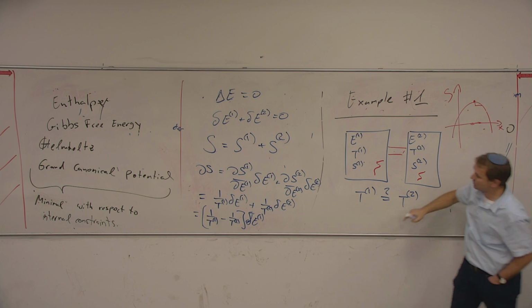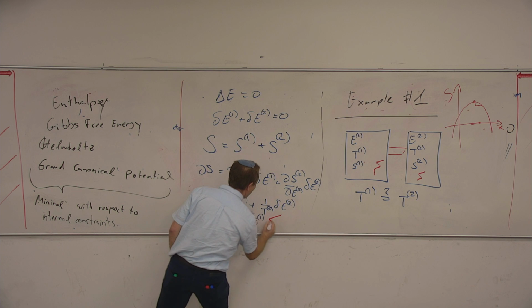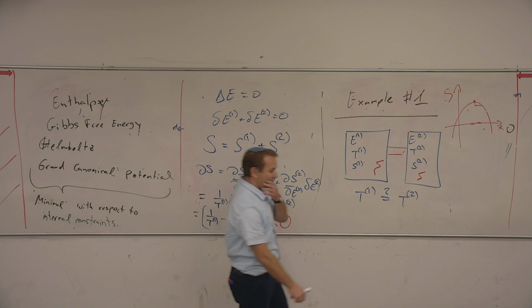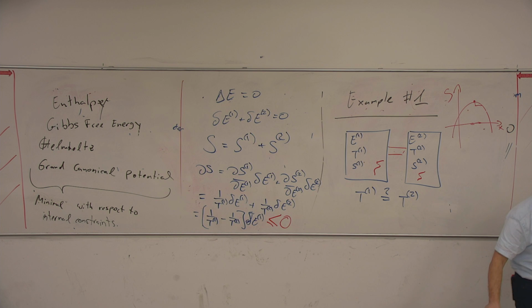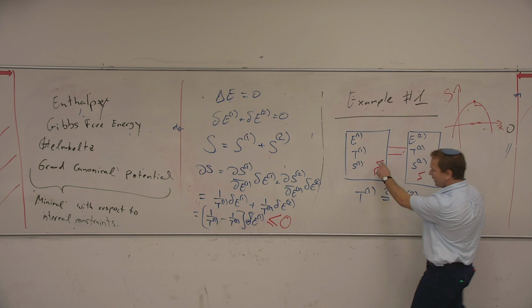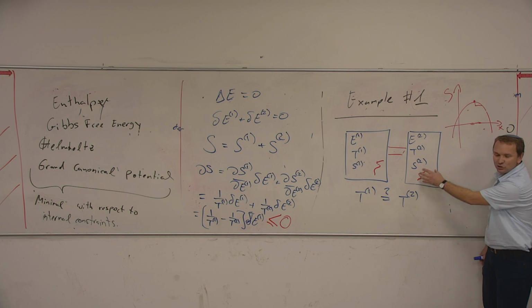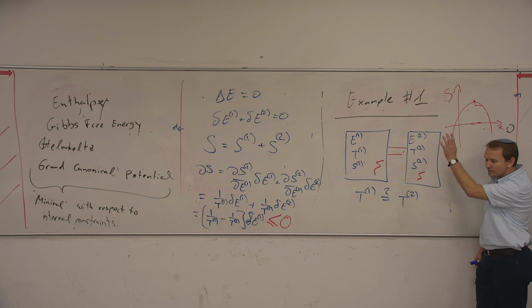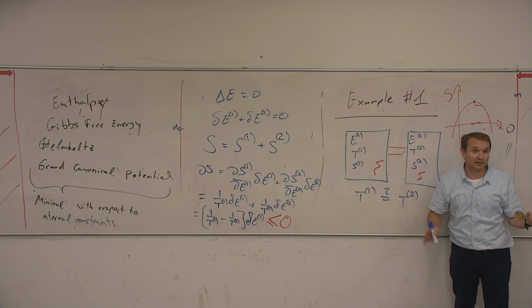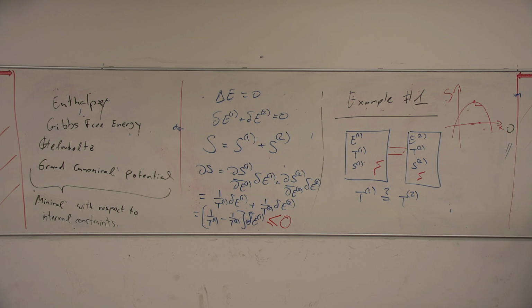So all of this has to be negative, no matter what I do. This is the nice thing about those maximal principles: no matter what I do, the entropy has to decrease.